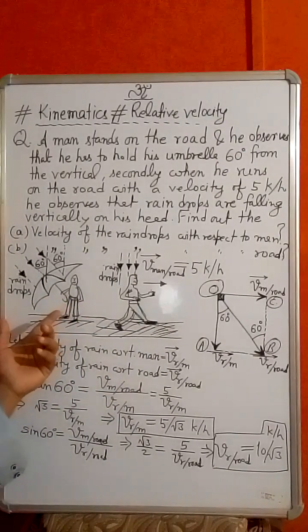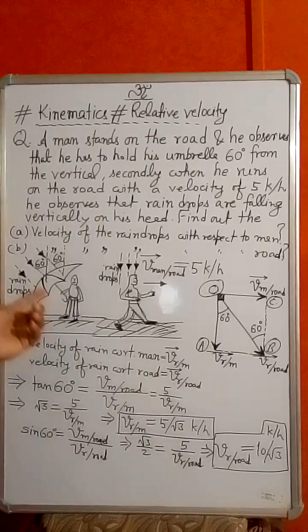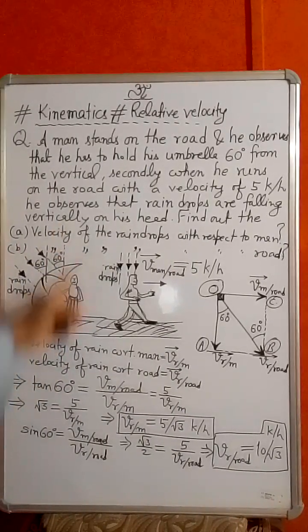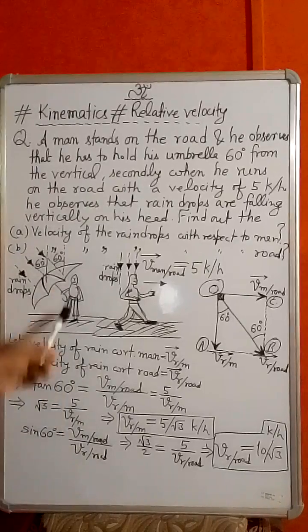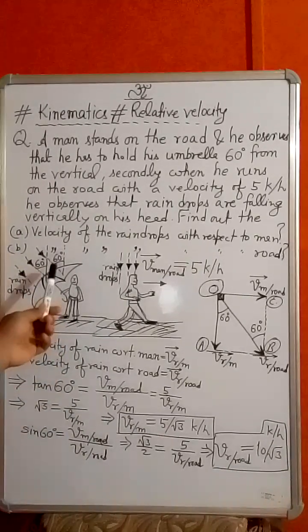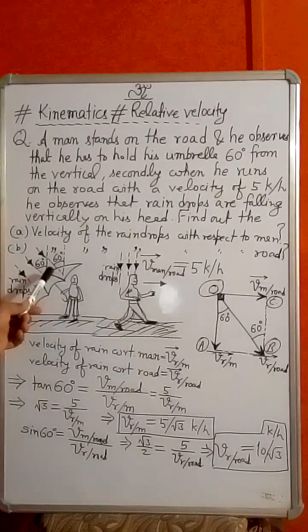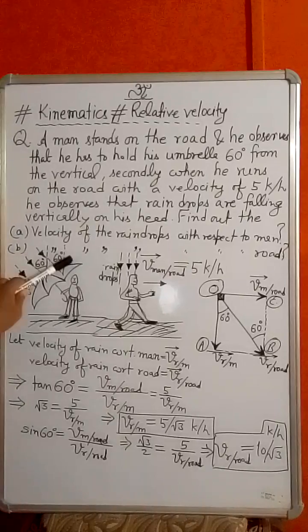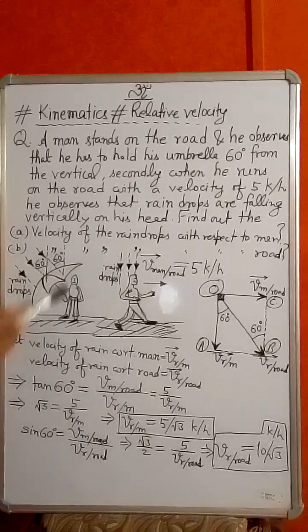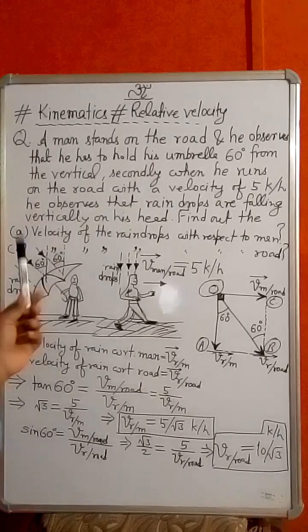There is a person in case 1, holding an umbrella in his hand. This is vertical and the raindrops are in this direction. That's why he holds the umbrella at an angle of 60 degrees from the vertical like this. This is the man, raindrops. This is case number 1.